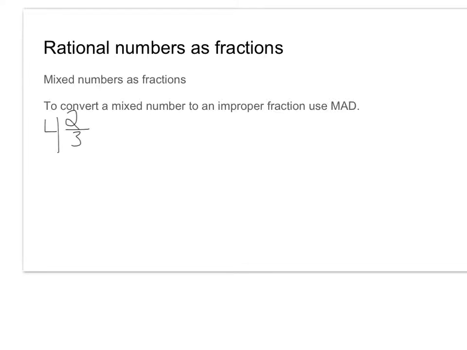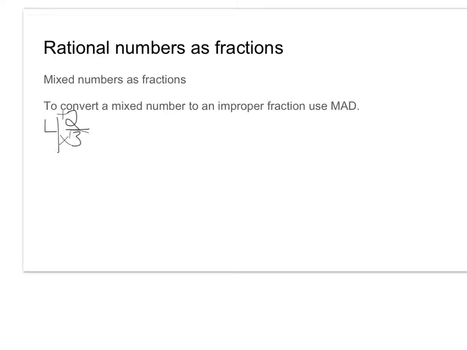We can also make mixed numbers into fractions. To convert a mixed number to an improper fraction, we would use the acronym MAD. MAD means to multiply, add, and keep the denominator. So if I have 4 and 2/3, I want you to multiply the whole number by the denominator, and then add the numerator.